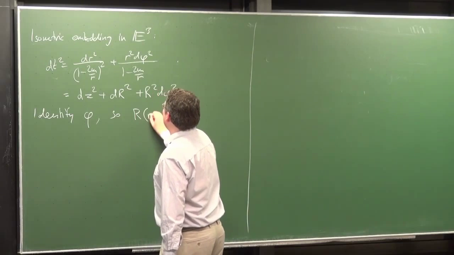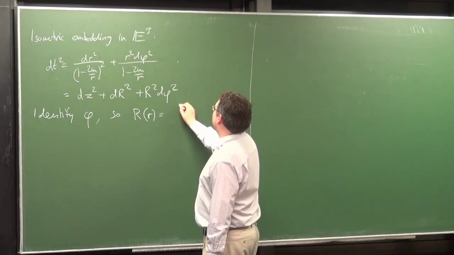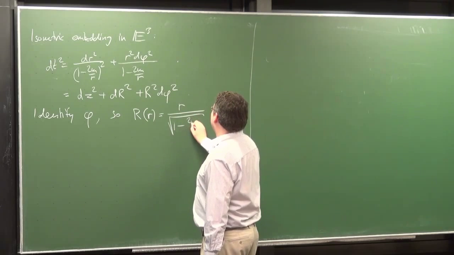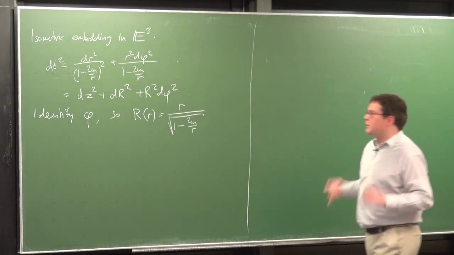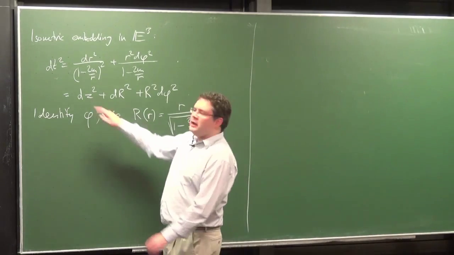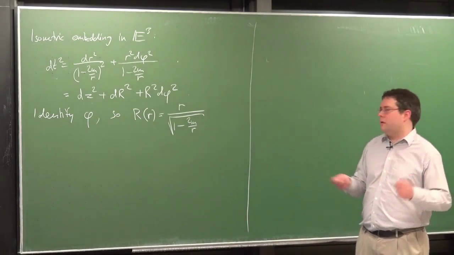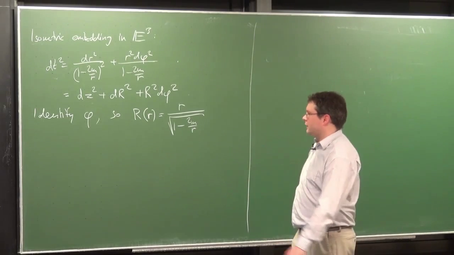So that of course tells us that the function big R, which will be a function of our little r, will be given by, let's say, r over the square root of 1 minus 2m over R, right? And what we would like to determine is z as a function of big R, and then we have a cylindrical polar equation in E3, and we see what the surface actually looks like.